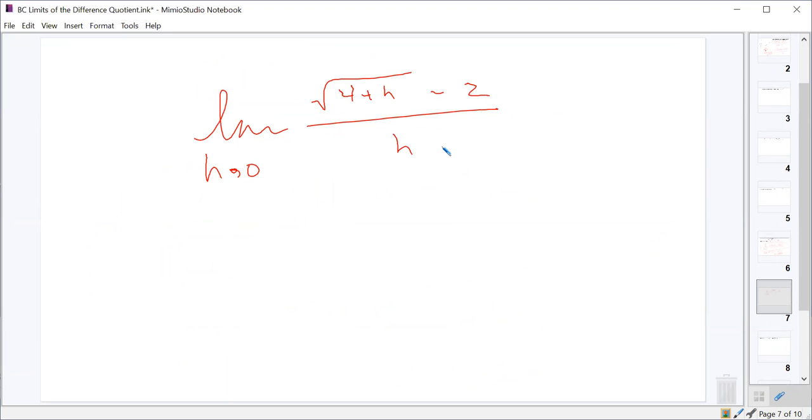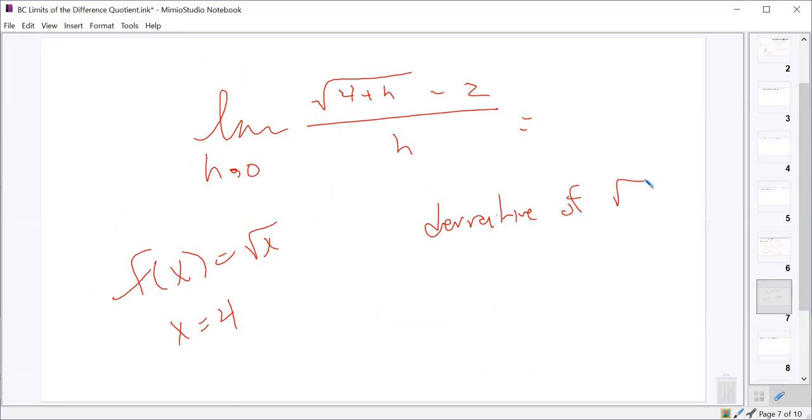You'll need to recognize that f of x is the square root of x, and that x is equal to 4, and this becomes the square root of x plus h minus the square root of 4, all over h. And you could say this thing is equal to the derivative of root x at x equals 4.